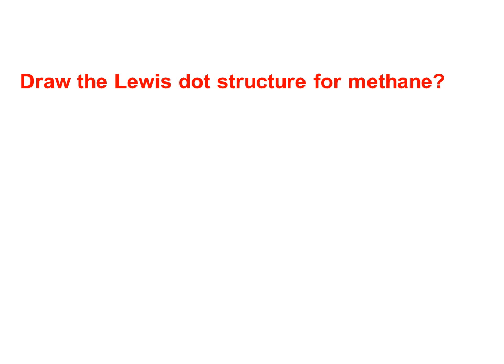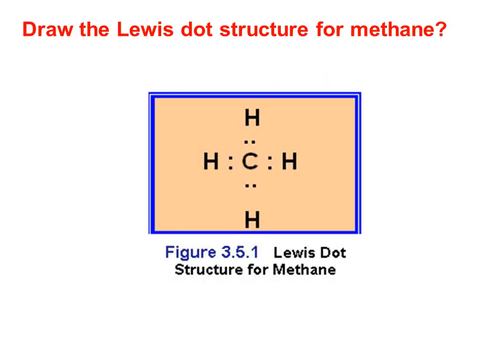I would like for you to now draw the Lewis dot structure for methane. This is what the structure should look like. Make sure you're familiar with drawing Lewis dot structures of simple hydrocarbons.